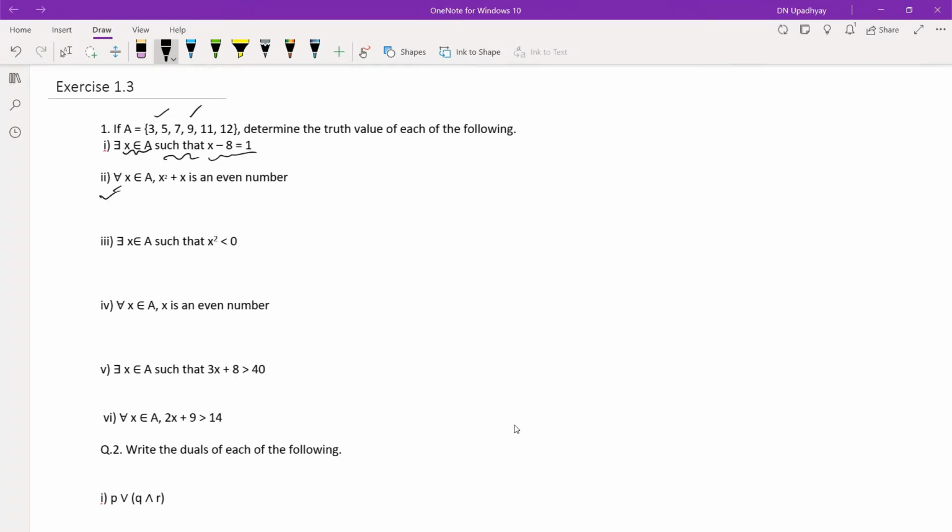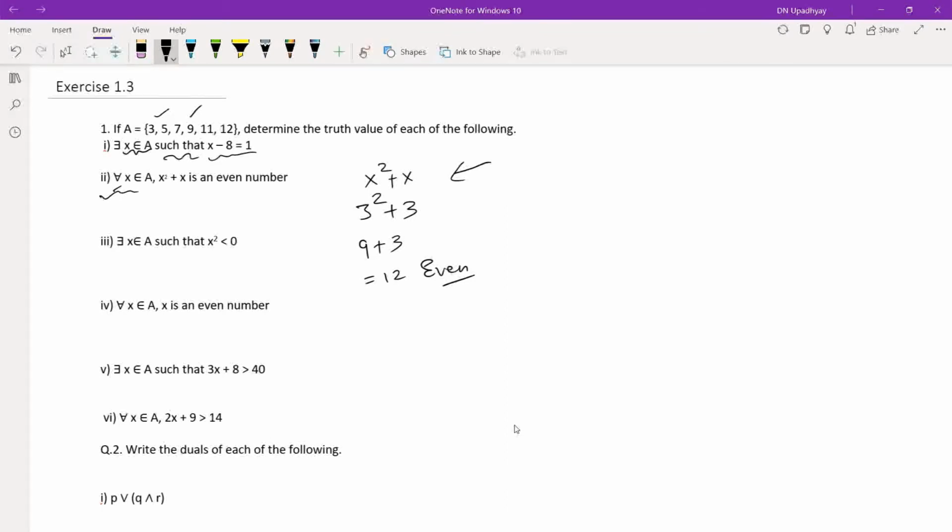Now question number 2: for all x belong to A, x square plus x is an even number. It means for all the elements x belonging to A, we put the value of x. Suppose we are putting this 3, first value: 3 square plus 3, so this will be 9 plus 3, which is 12, and 12 is nothing but an even number. They are asking whether it is true for all the elements.